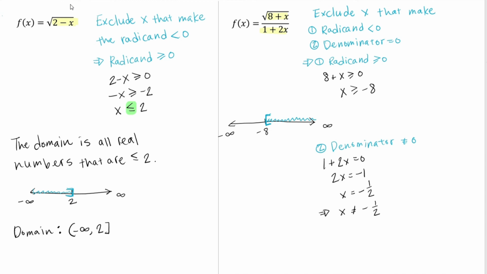And from the second step, x cannot be equal to negative 1 half. So we need to exclude negative 1 half. So the domain is negative 8 to negative 1 half union negative 1 half to infinity. So negative 1 half is not included.